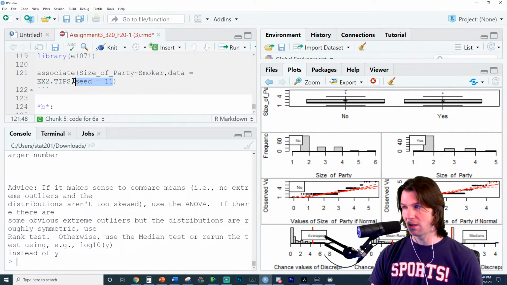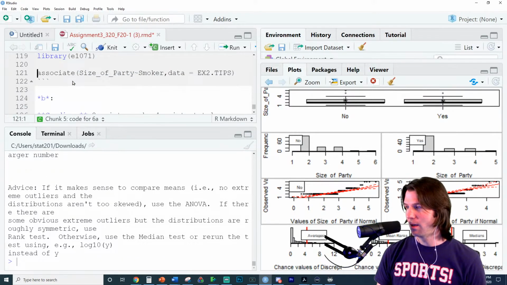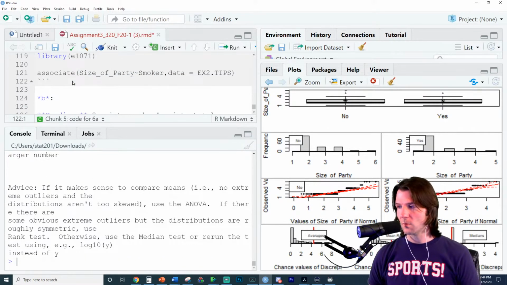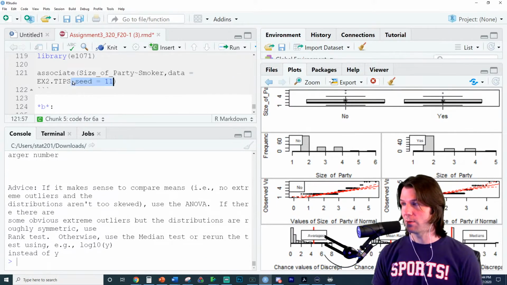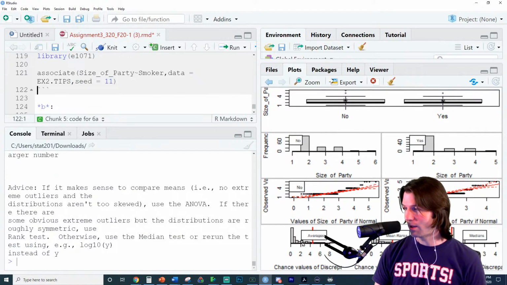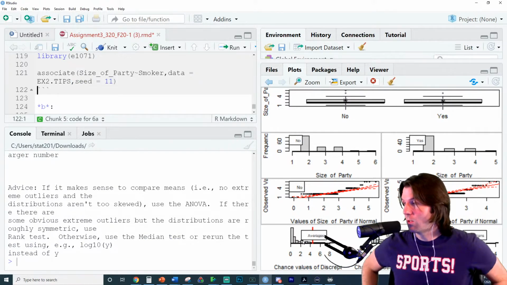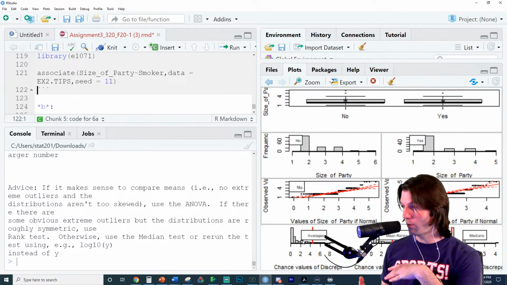If I don't set a seed, it will just be random. You see now it's way different. The results for the permutations will be different each time without a seed, but with a seed, the edge is going to be right there touching it like before. So as you can see, the seed allows you to replicate results.